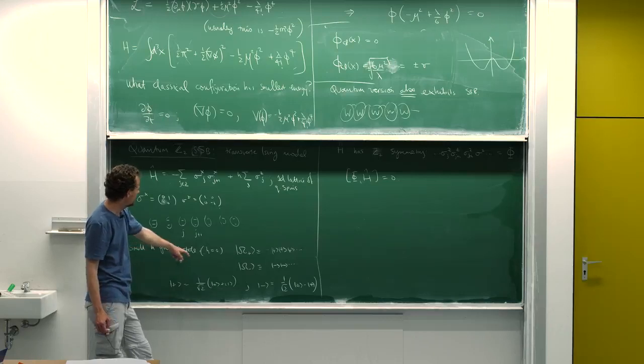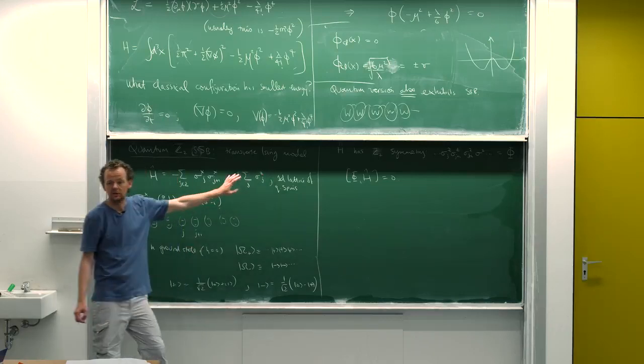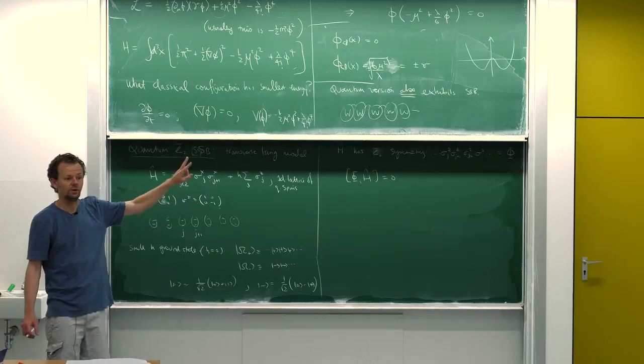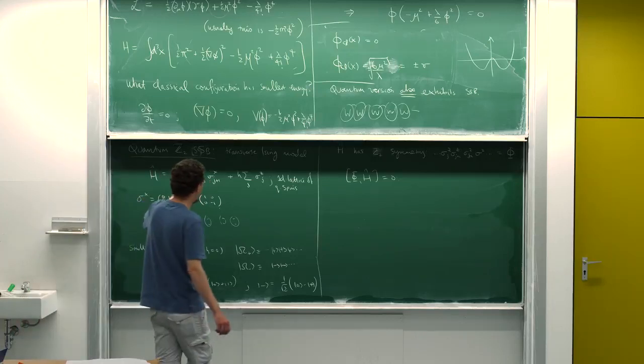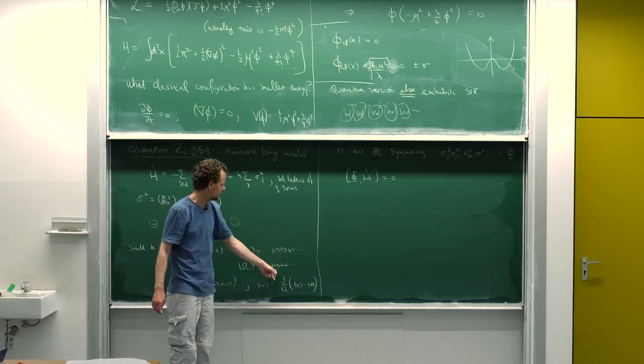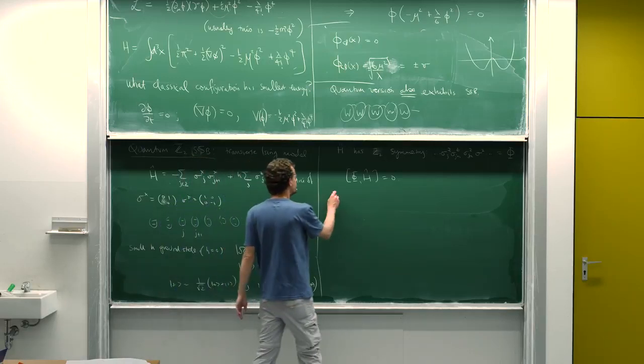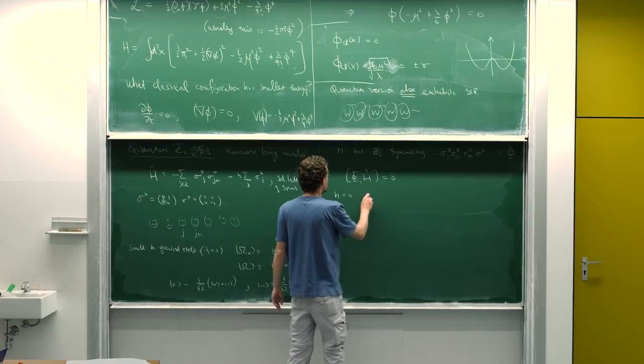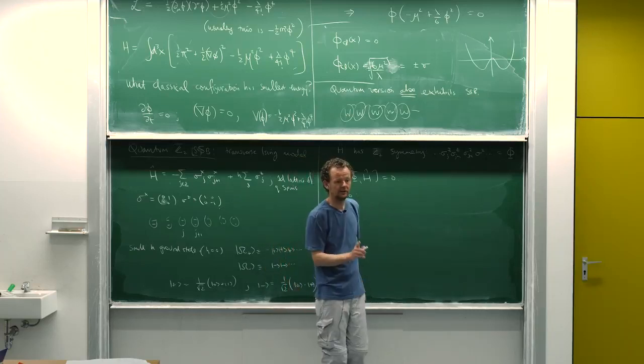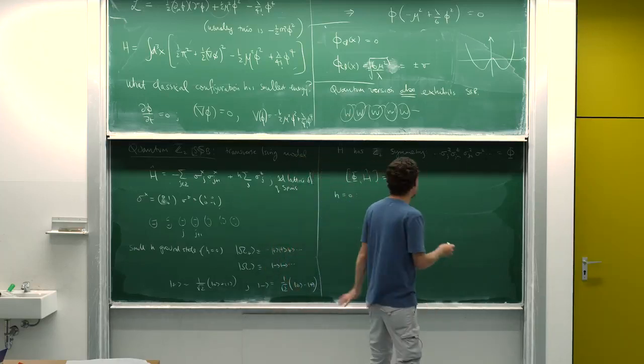And we see that for h is 0, for zero magnetic field, the system has two ground states. This one and this one. Actually, that's not quite right. The correct way to say it is that the ground eigenspace is degenerate.